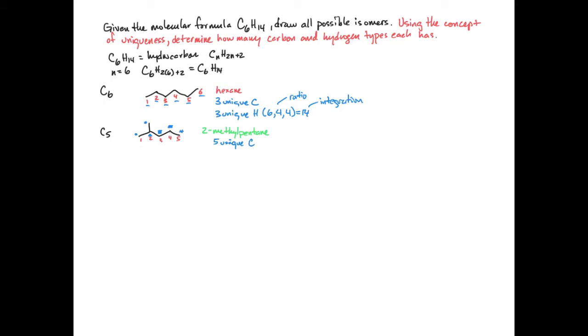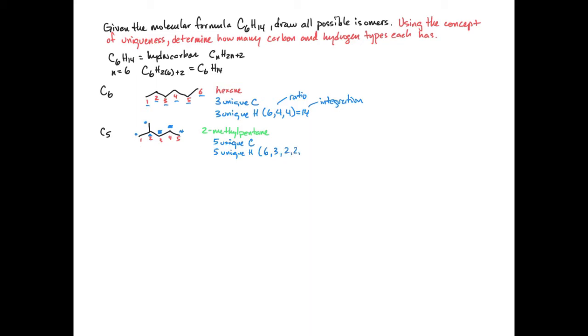For the unique type of hydrogen, they're pretty much going to track what we've already seen. There's going to be 5 unique types. The ratio of this is going to be 6, those are the equivalent methyl groups, to 3, the second type of methyl group.